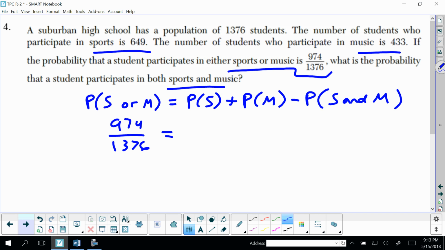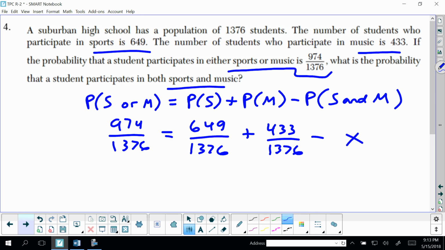That's equal to our probability of sports, which was 649 out of our total 1376. Plus the probability of music, which was 433 out of 1376. Minus the and, which is what we're looking for, so we'll call that x.